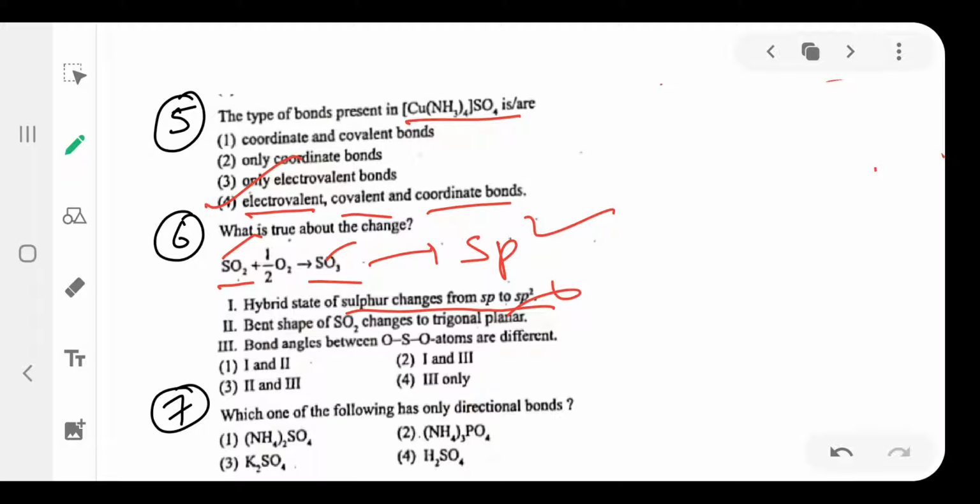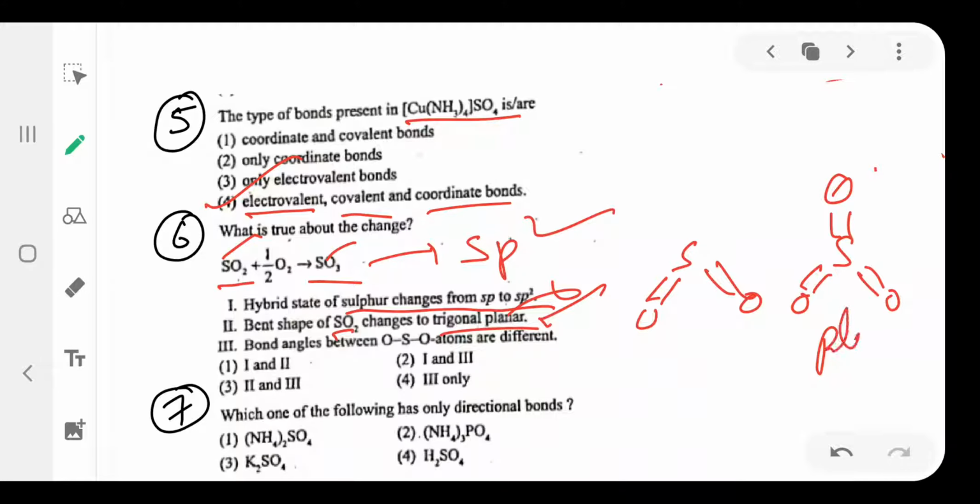Second one, the bent shape of SO2 changes to trigonal planar. That is correct. Why? This is the SO2 structure, bent shape. This is the SO3 structure, trigonal planar. So the bent shape of SO2 changes to trigonal planar. That is correct.